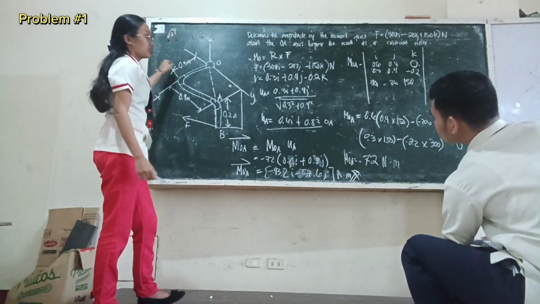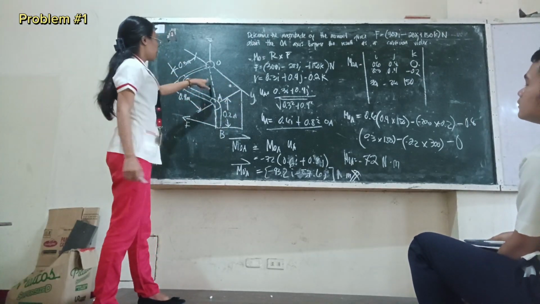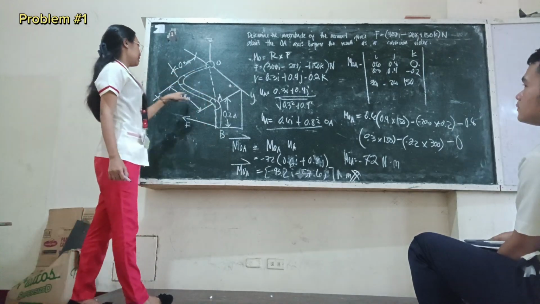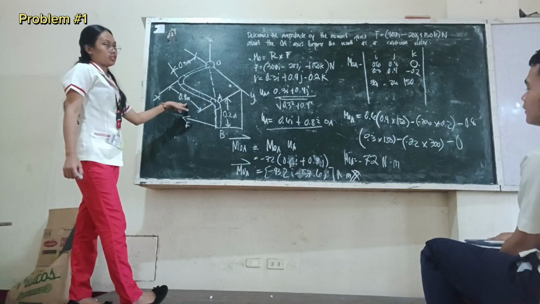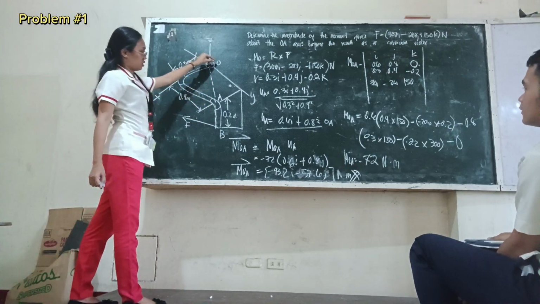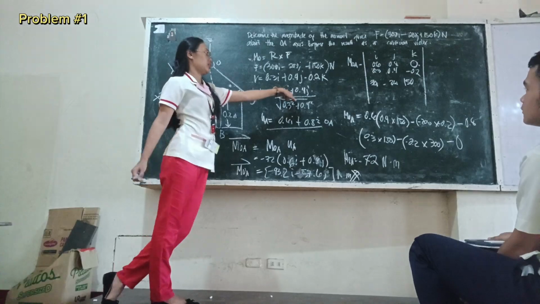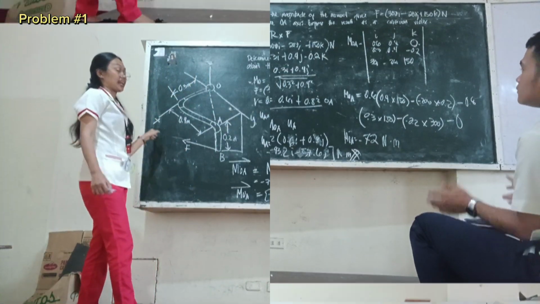So the distance we use is the x or y. Which is the x is 0.3 meters and the y is 0.4 meters. OA only has 0.3 or 0.4, so there is no value in k.